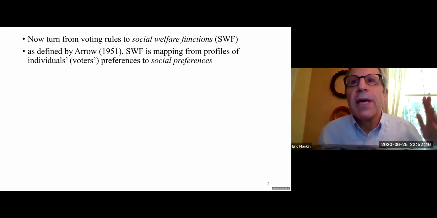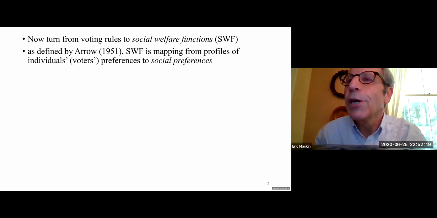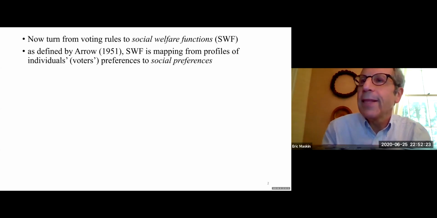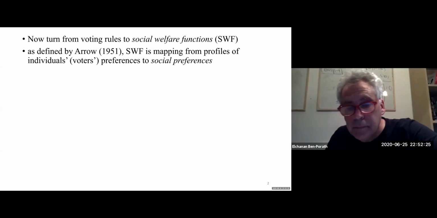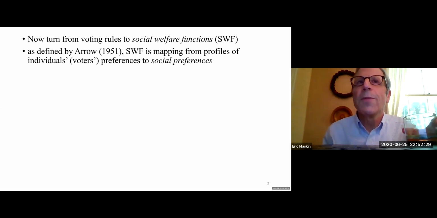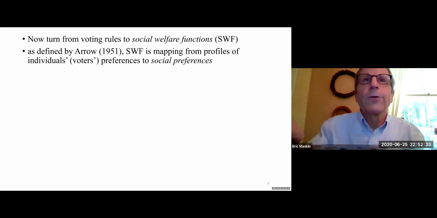It turns out that it doesn't make a huge difference to the results. And if there's time at the end, I will talk about the voting rule formulation, the social choice function formulation. But because Arrow used social welfare functions, I'm going to do that too.